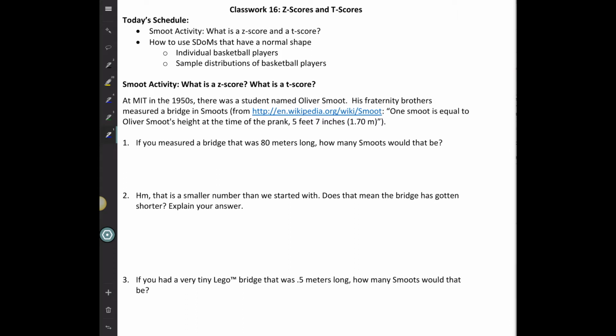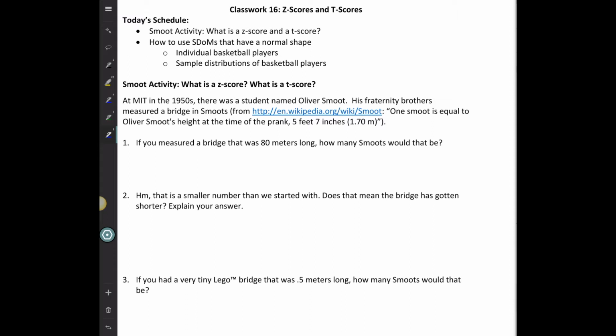So they identified how tall or how long one Smoot is, and one Oliver Smoot was equal to 5'7" in height. So that is how long one Smoot is, 5 feet 7 inches, or 1.7 meters.